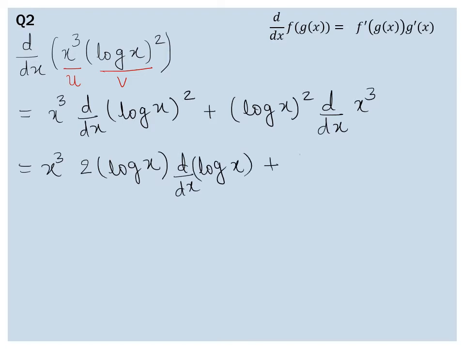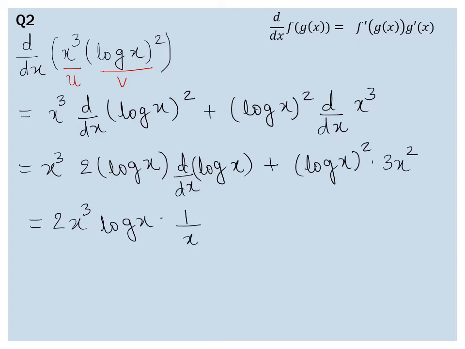Plus in the second term, log x whole square into derivative of x cube is 3x square. So here what we get is x cube, or I can write it as 2x cube log x, into derivative of log x which is 1 by x, and plus log x whole square into 3x square.